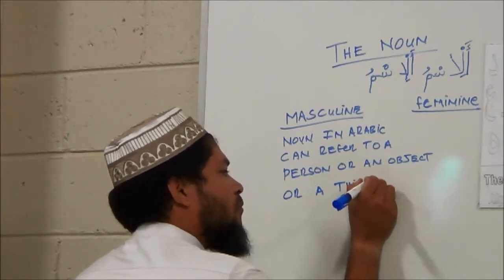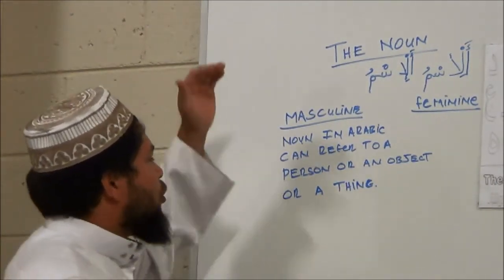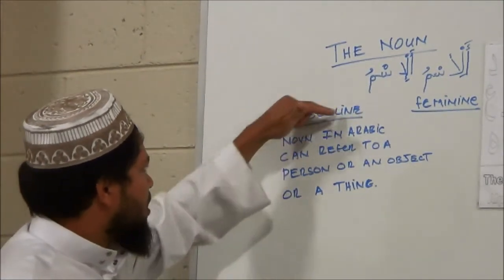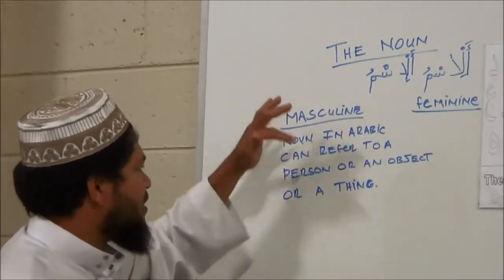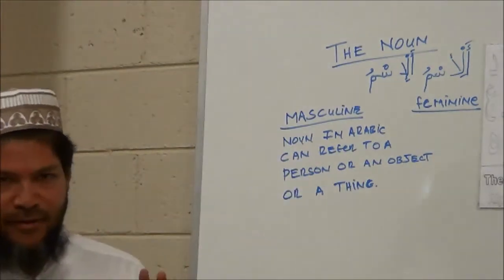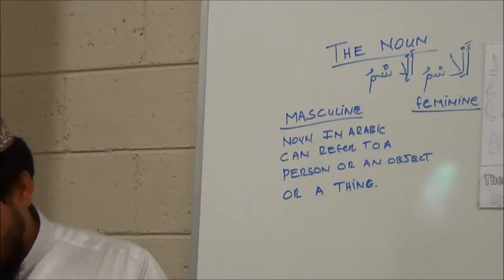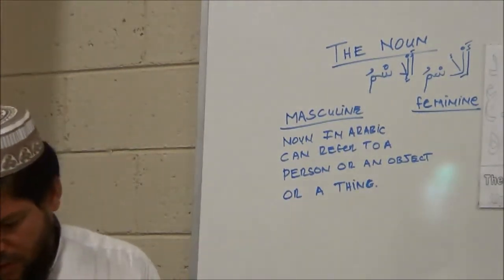Sorry, or a what? An object. Or a thing. So in Arabic, the masculine noun can refer to a person or an object or a thing. Those are the 3, very, very important. So now we're going to give you examples.